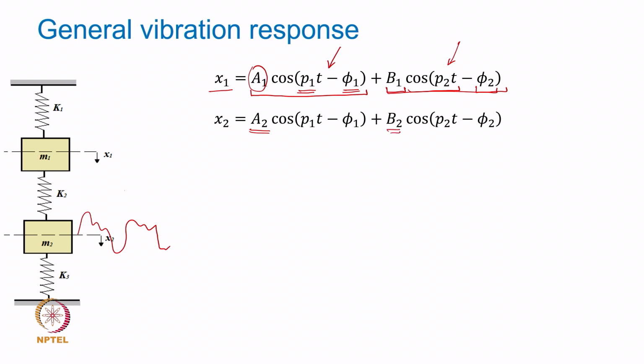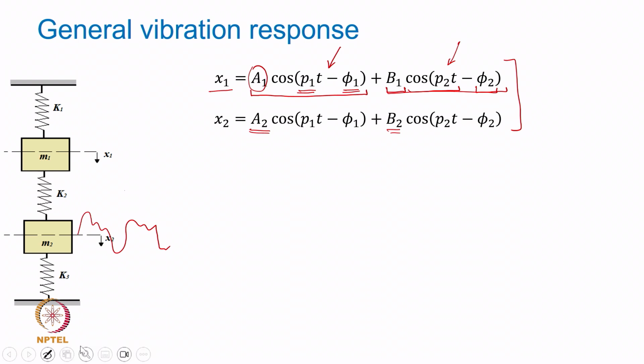And these two harmonic terms will remain as they are for the first and second masses. So, the entire solution of the system as a whole will have contributions from all the possible modes of the vibratory system, and therefore, this is a generic solution or a general vibration response to arbitrary initial conditions. Okay.